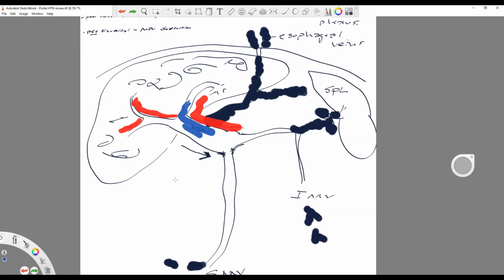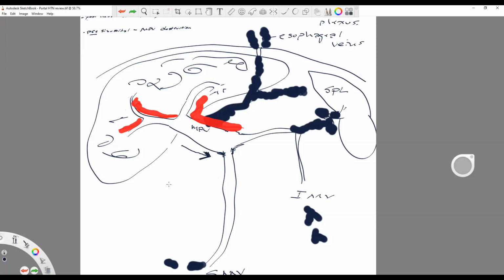I'm gonna get rid of my blue because I'm probably gonna draw in some other stuff. Okay. So what else can happen? So like I said, it'll be reversed, and then it'll find its way back into the IVC.